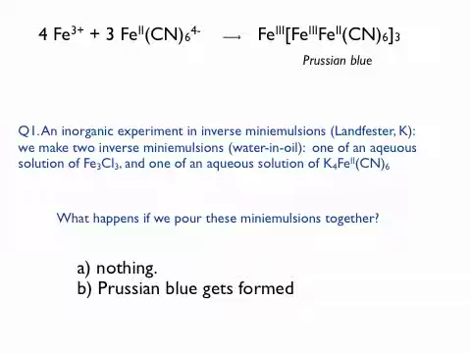So this is year 1 inorganic chemistry. Yeah, iron 3+, 4 units of that, plus in a salt form, so for example, you could just use the iron chloride for that. And then you have iron 2 with 6 cyano groups there. Yeah, and if you mix these two things, you get 2 different oxidation states of iron, which causes an extremely intense color, which is known as Prussian blue.